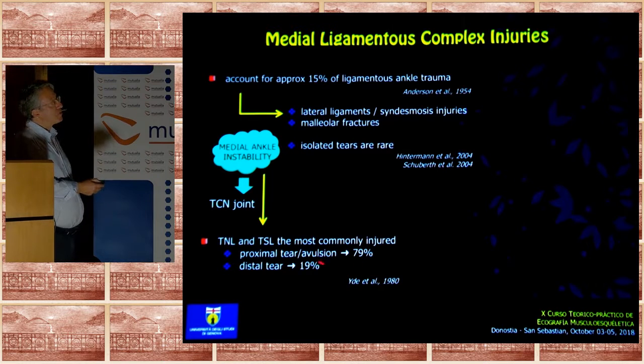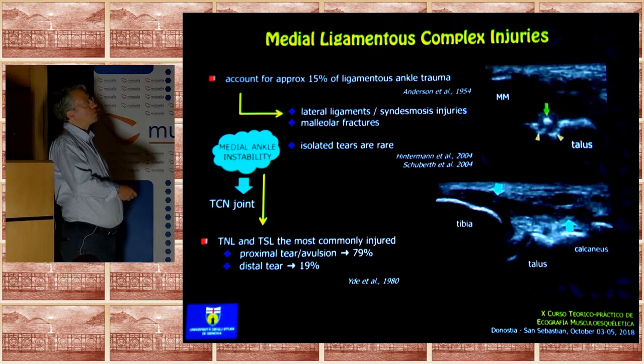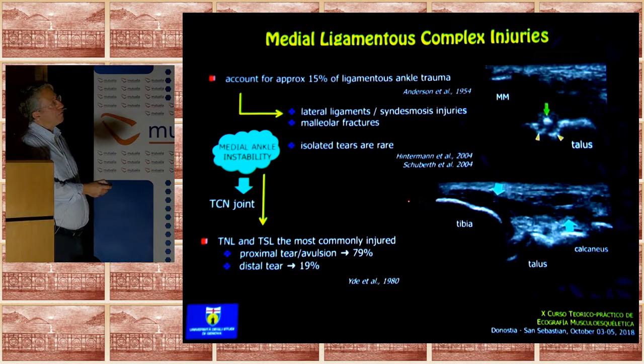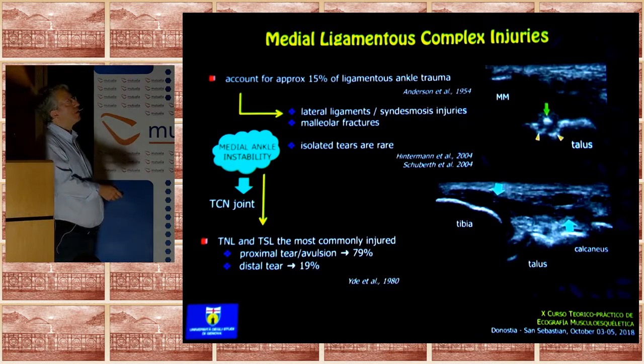And in general, the proximal tear is the most common occurrence. The distal tears are much more uncommon. This is the involvement of the tibionavicular at the level of its proximal part. You see the swollen and heterogeneous tissue at the level of the ligament. This is an avulsion injury at the level of the talar insertion of the tibiotalar ligament.